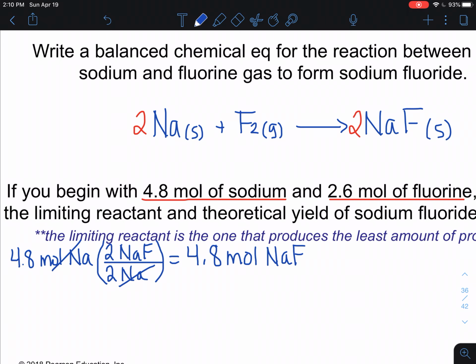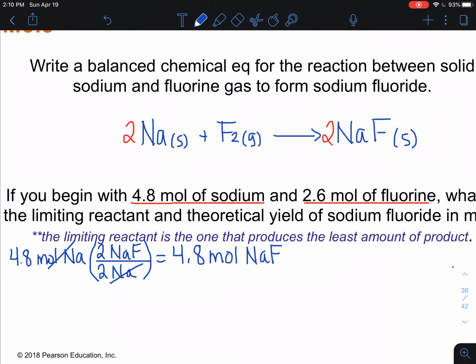Okay. Now we're going to take 2.6 moles of fluorine, convert it to product using the balanced chemical reaction. And according to the balanced chemical reaction, for every 1 mole of fluorine gas, we get out 2 moles of sodium fluoride.